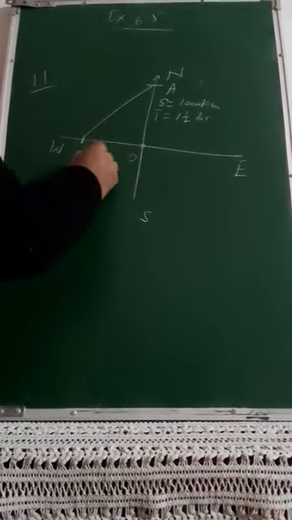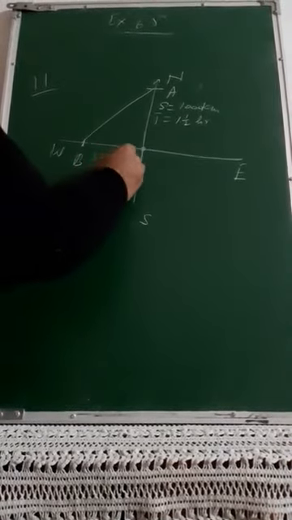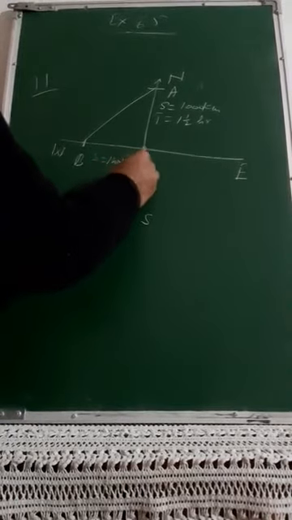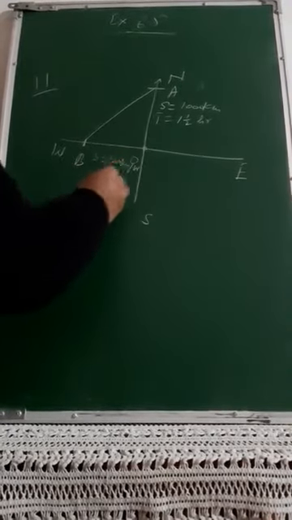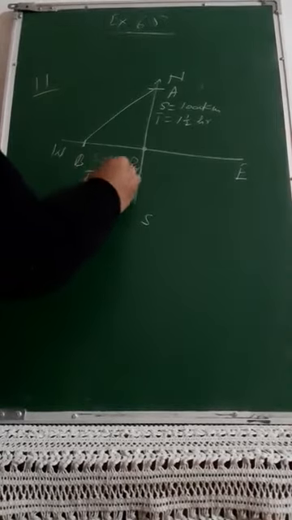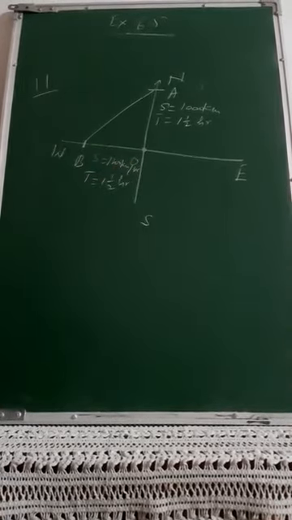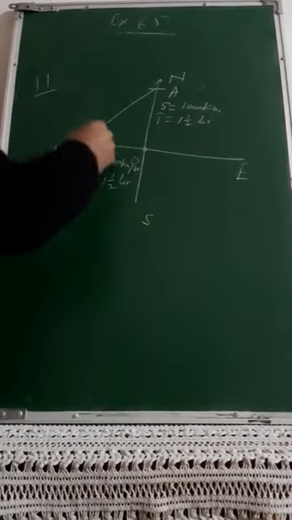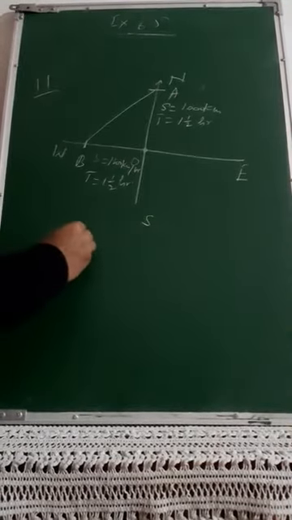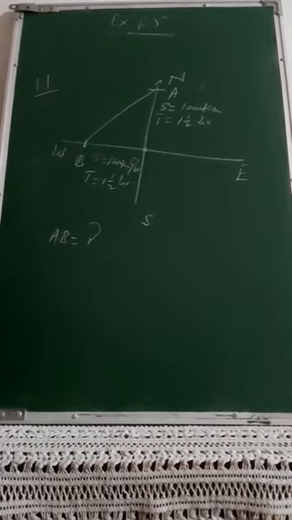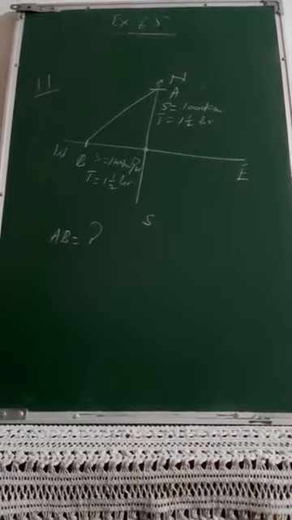Your speed is what? 1200 km per hour. And time is again same, that is 1.5 hours. No doubt I need to determine AB, the distance between these two planes after 1.5 hours.